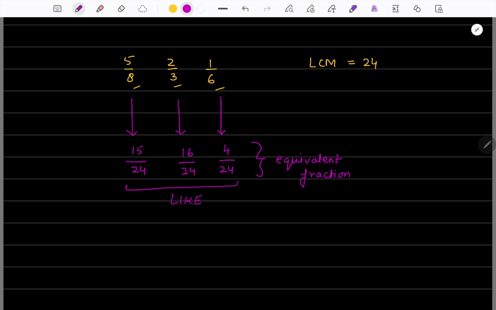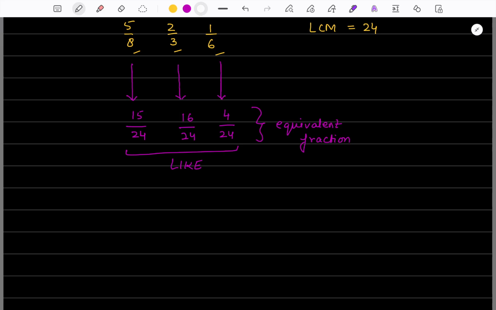And how do we compare like fractions? Once we have the like fractions, we simply compare their numerators to find which one is bigger and which one is smaller. So here we see that 16 by 24 is bigger in value than 15 by 24, which in turn is bigger than 4 by 24.